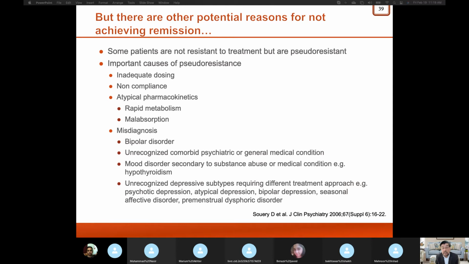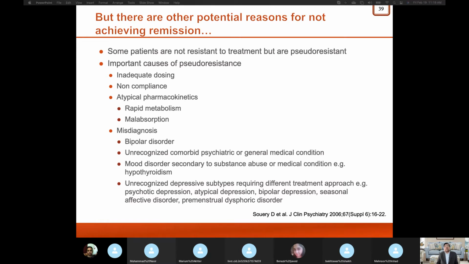Paroxetine 5, 10, 20 is not an adequate dosage. Venlafaxine 75 to 150 is not an adequate dosage. Similarly, for all other commonly prescribed drugs, sertraline giving 50 to 100 milligrams is not an adequate dosage.